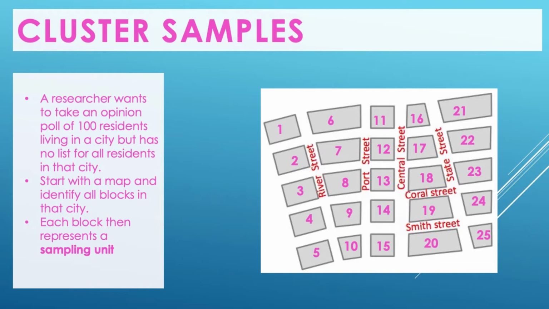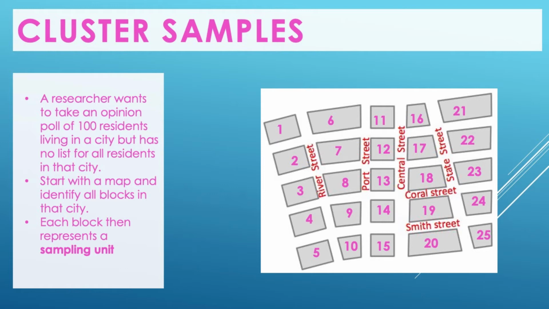So they start with a map and identify all of the residential blocks in that city. That's represented in this graph here. Each block technically represents what we would call a sampling unit. So block 1 represents a block with X amount of houses on it, block 2, block 3, block 4, and so on.